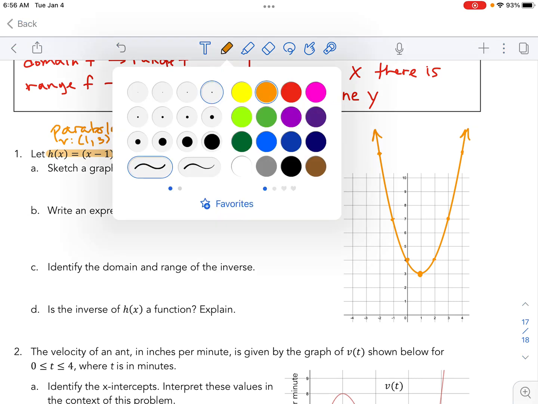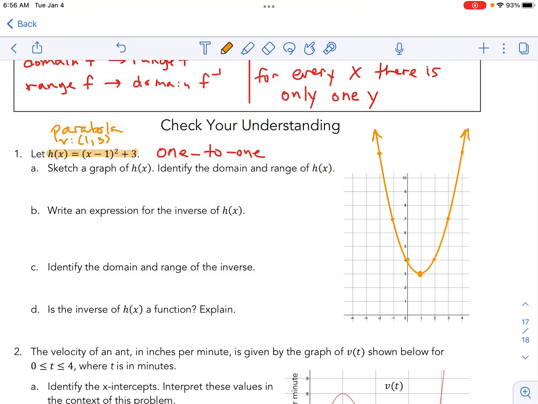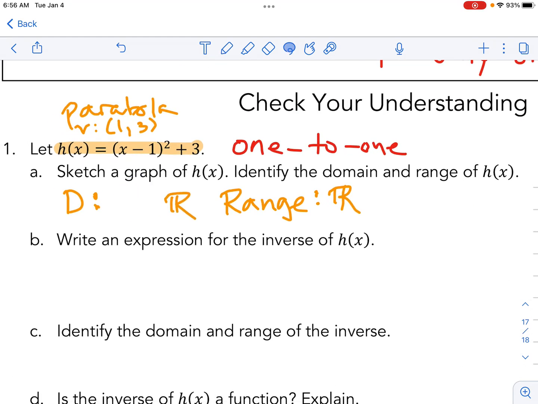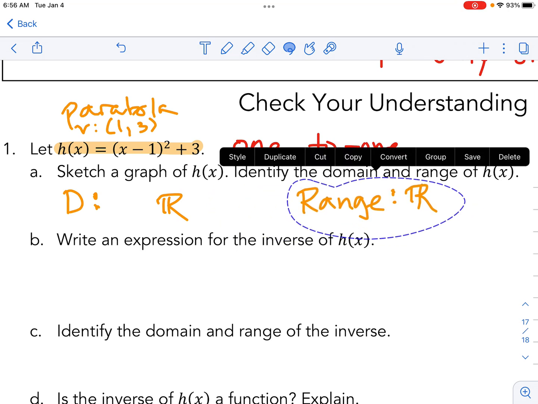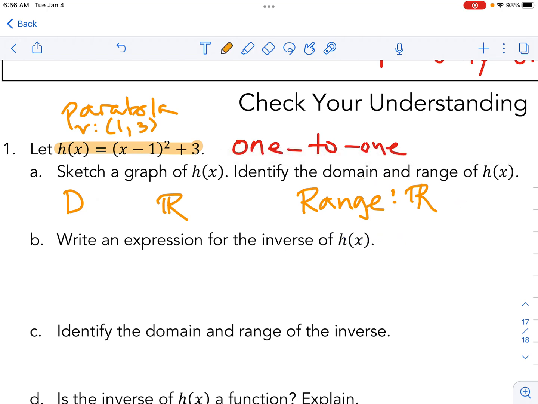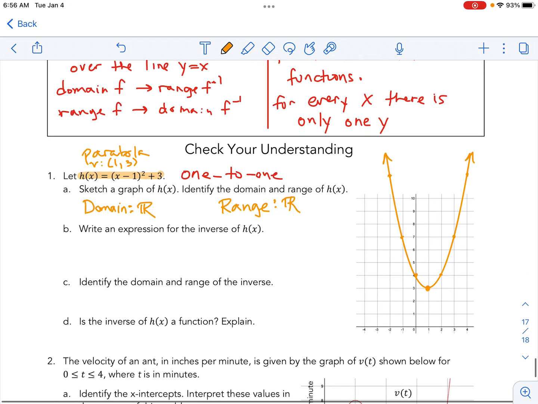So the domain here, we can use all real numbers, right? And our range, I'm going to write that out, range is also all real numbers. I'm going to also write domain out. I think that abbreviation probably might be a little confusing because range starts with R as well. So I think I'm going to write domain. There we go. And right, the domain is all reals, right?